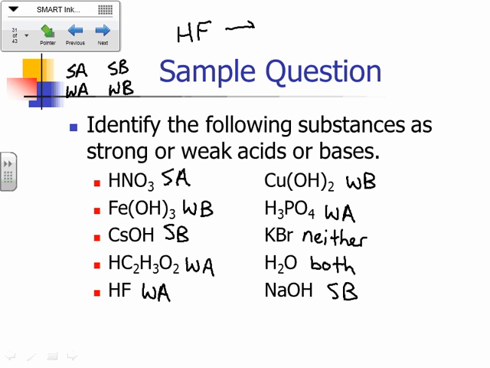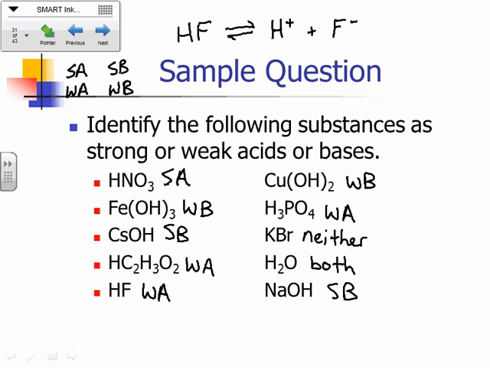Yes. H+ plus F-. Okay? So everything else is the same. The only thing that's different is you put your equilibrium arrows, because what does that show us? It doesn't completely dissociate, and it goes back and forth, right? So some of the HF is breaking apart at the same time the H+ and the F- are coming back together to form HF. Okay?